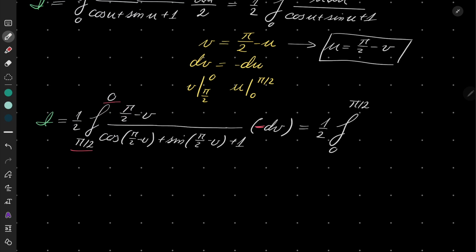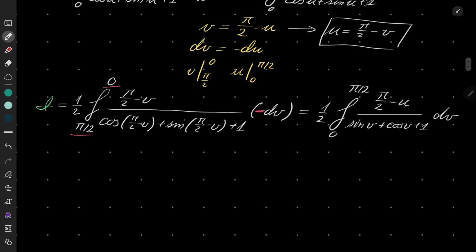Here I have pi over 2 minus v, and now using the well-known formulas, cosine of (pi over 2 minus v) is sine of v, and sine of (pi over 2 minus v) is cosine of v, plus 1, dv. And since our integral is a definite integral, we can change the name of the variable from v back to u.